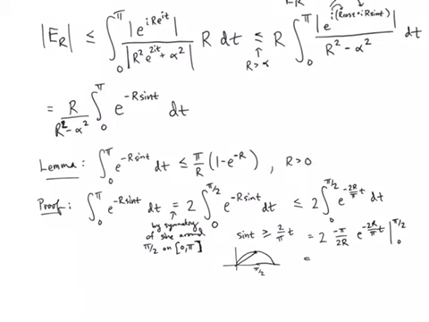Combining this, I'll use this negative here in the next line. The 2's cancel. I'll have pi over r times, instead of evaluating top to bottom, evaluating bottom to top using the minus sign. So you just get 1 minus e to the, substituting pi over 2 in for t, minus r.